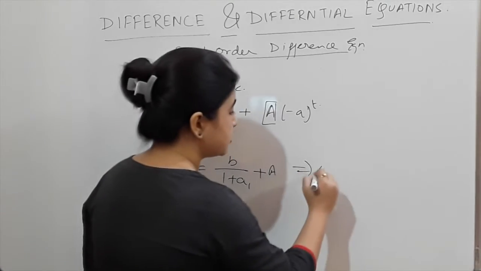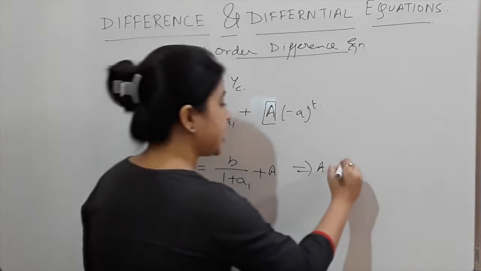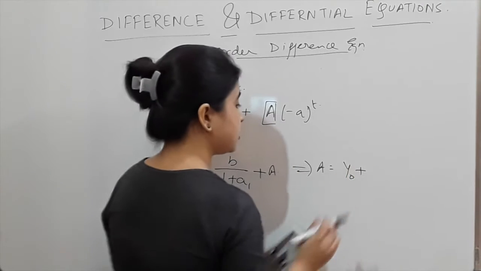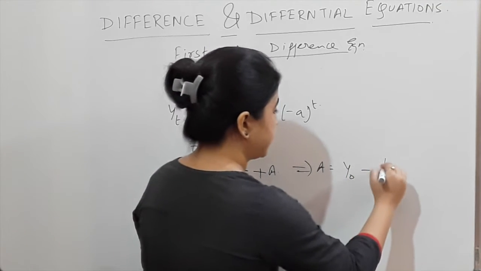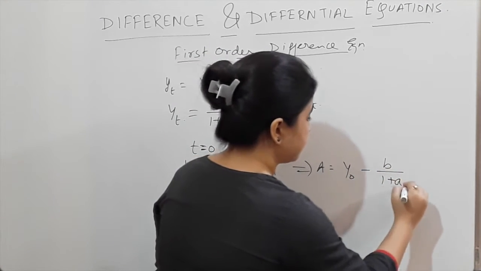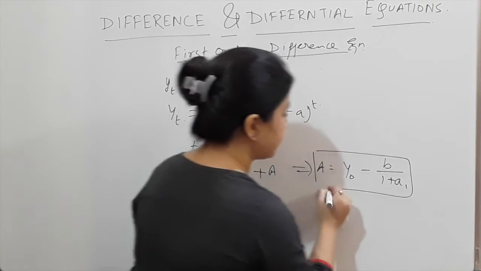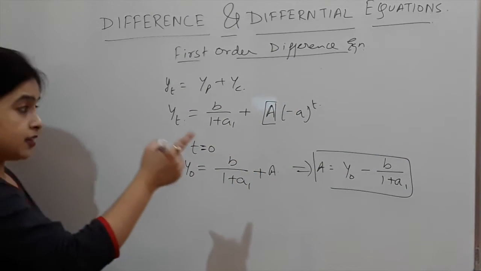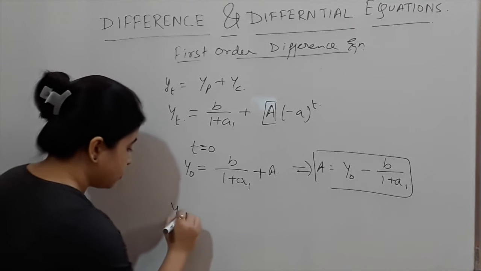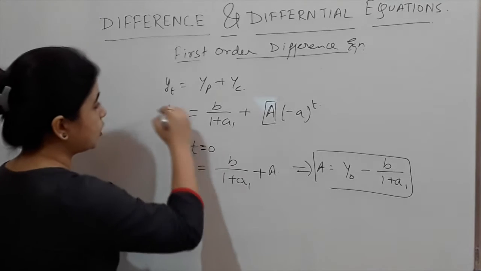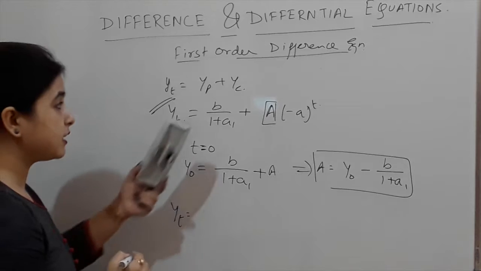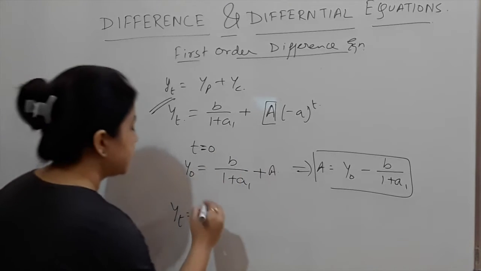So from here we can find the value of A as y0 minus b by 1 plus a1. This is the value of A, and therefore we can finally comment on this general solution by substituting the value of capital A.